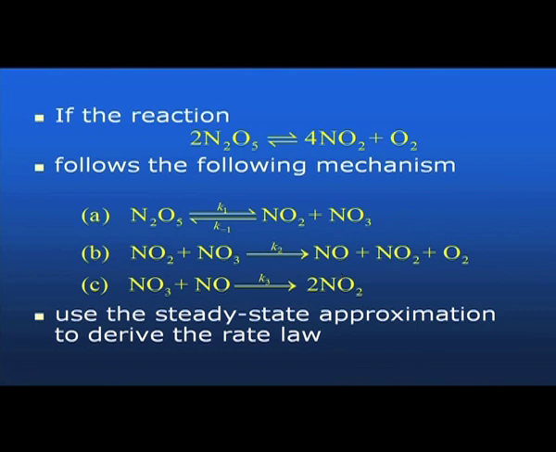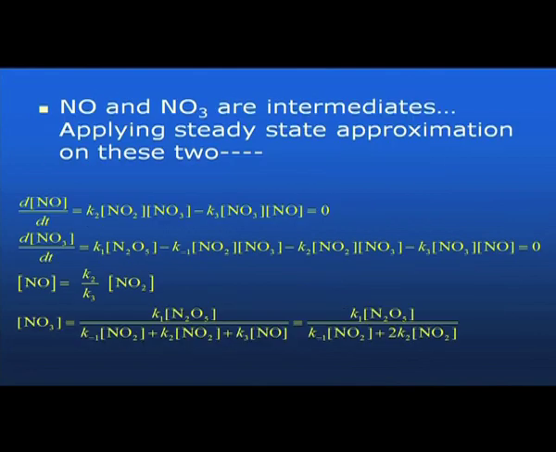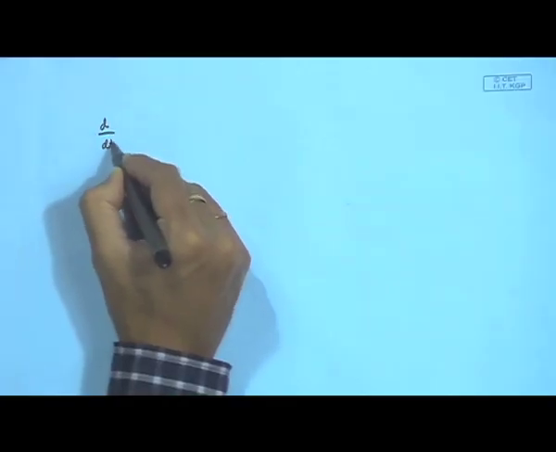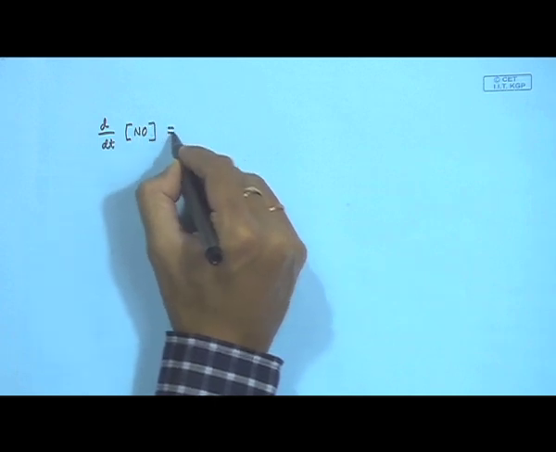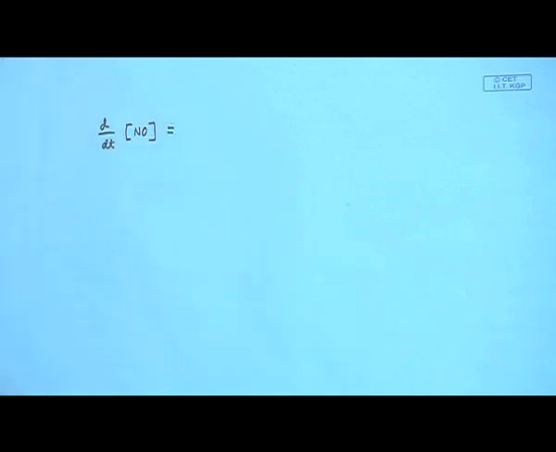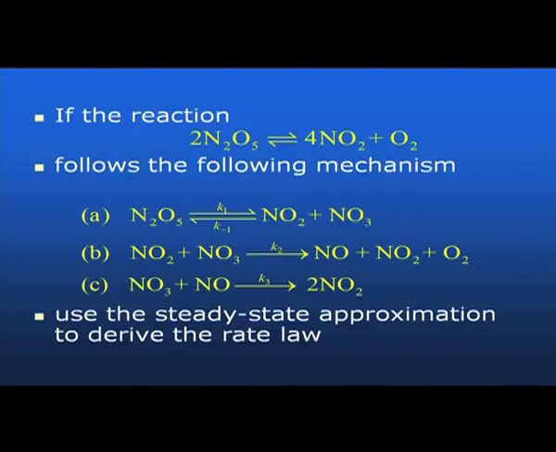When we apply steady state approximation to these two species, we get the following expressions: d/dt of NO, nitric oxide, is equal to, so you just try to find out where NO is produced and where NO is used up.